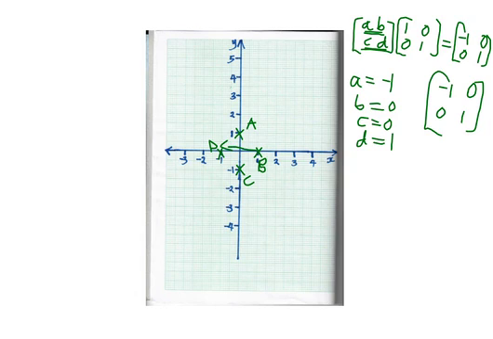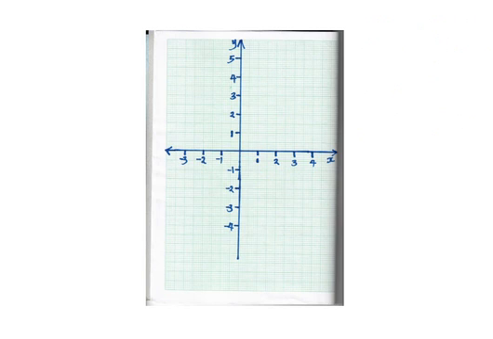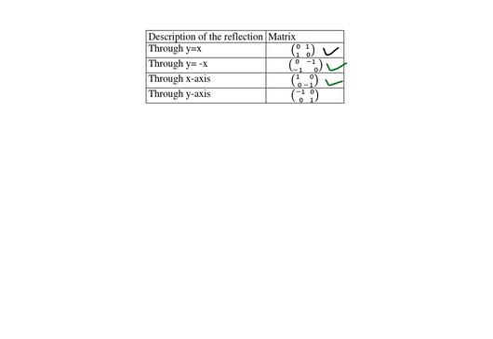Now we look at a way of getting them without the matrix formula. This is a trick you can use without using the matrix multiplied by object to give you image. The first one is 0, 1 and 1, 0.